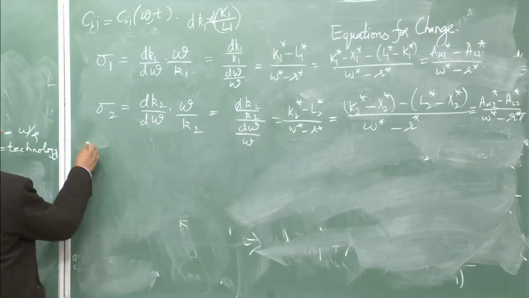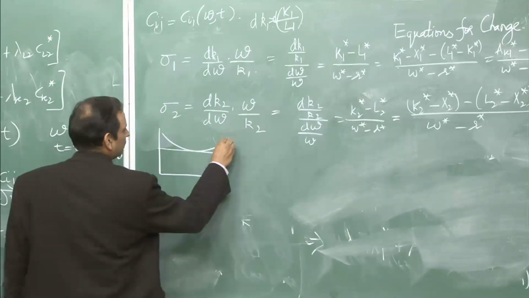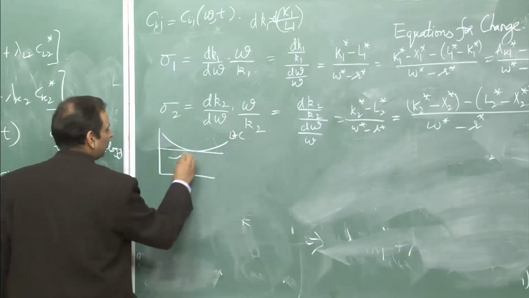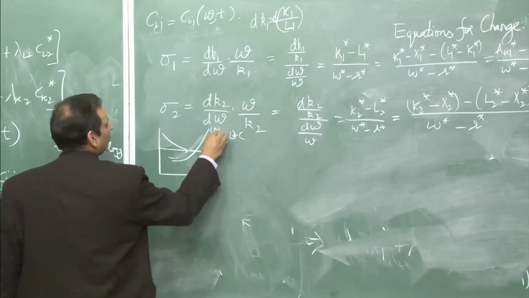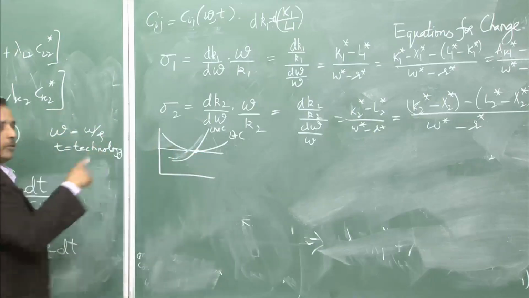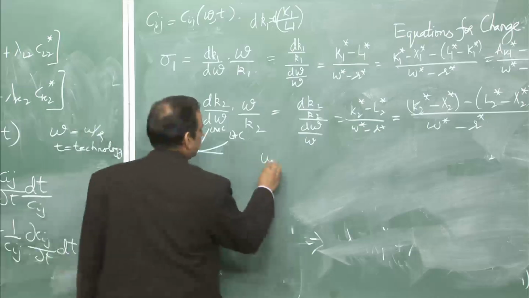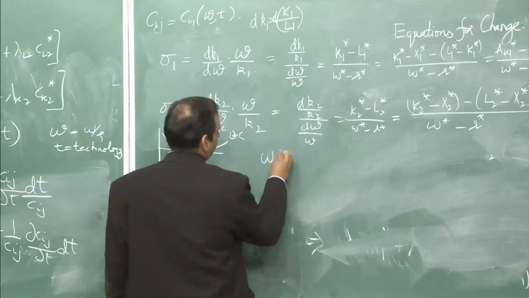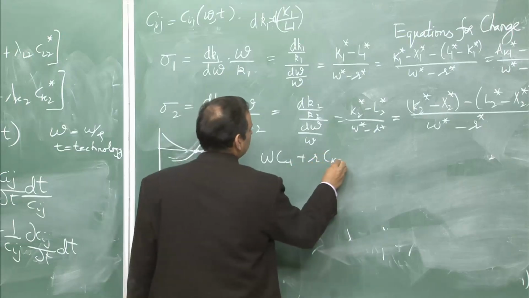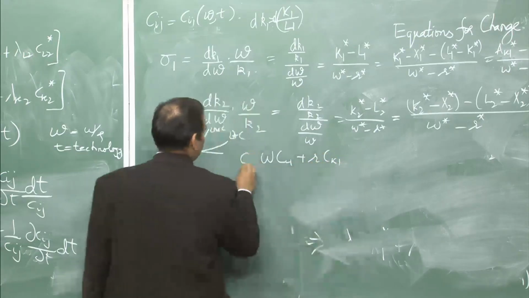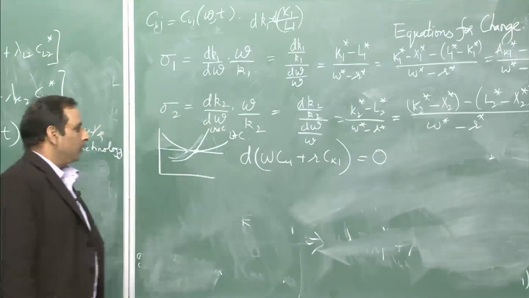Further, if you recall in perfect competition, you operate at the minimum of the long run average cost. So, this requires that the differential of W CL1 plus R CK1 should be equal to 0. Why?